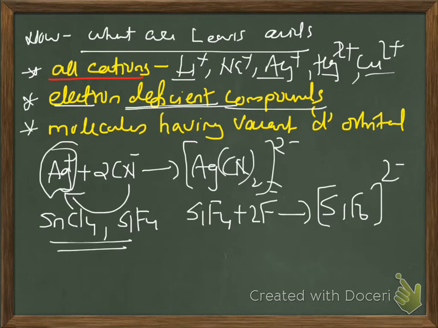Here F minus is a lone pair donor, and that lone pair is accepted by the silicon atom, the central atom of this molecule. So SiF4 accepts, or silicon accepts, the lone pair donated by the fluoride into its vacant d orbital.